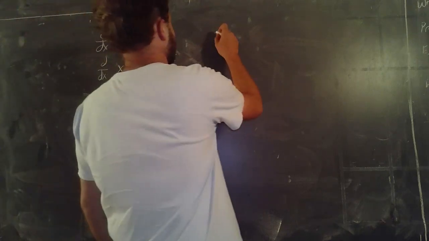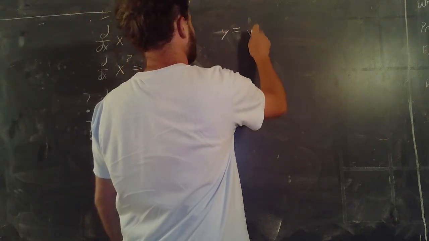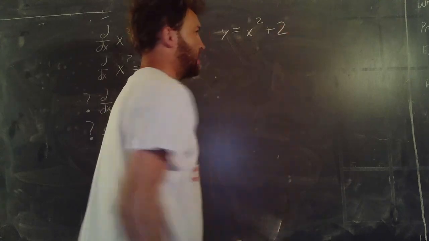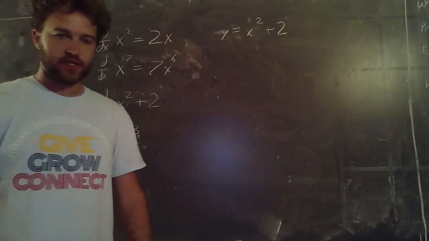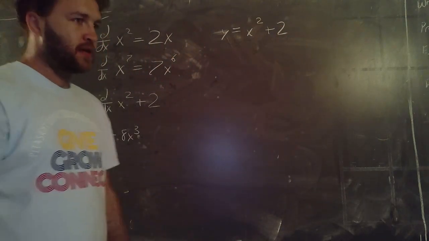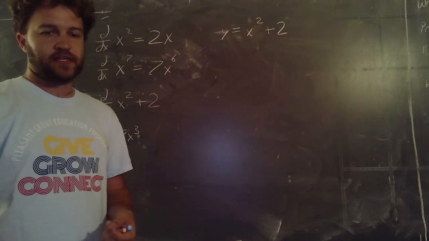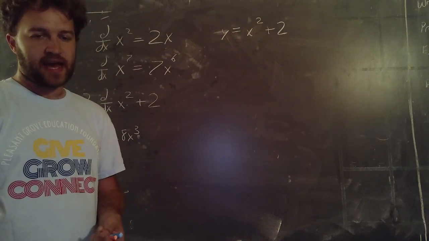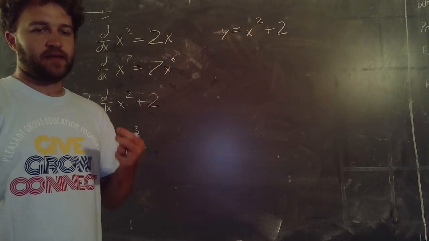So to take the derivative of an expression like x squared plus 2, again, remember that the thing that we're increasing with the small increase called dx is always the independent variable.